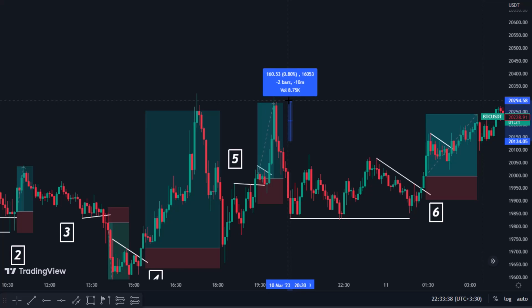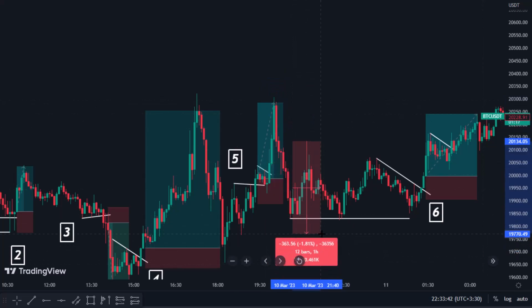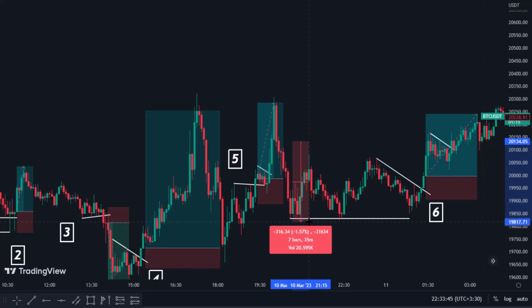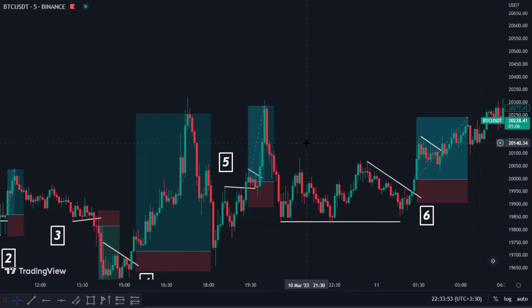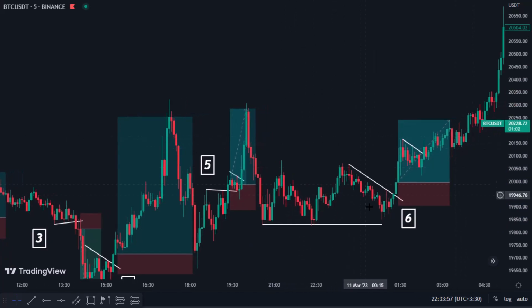If you are looking for risk reward 2, it's going to be somewhere around here. It gave us a bit less than reward 2, but I'm not interested in these kinds of candles. The size of the candle is not looking good for me.